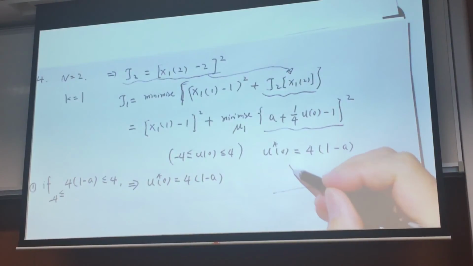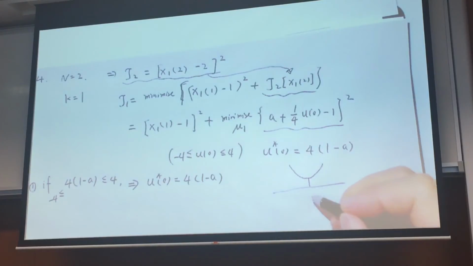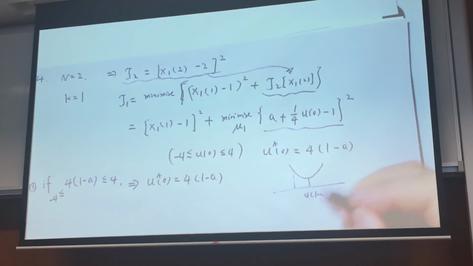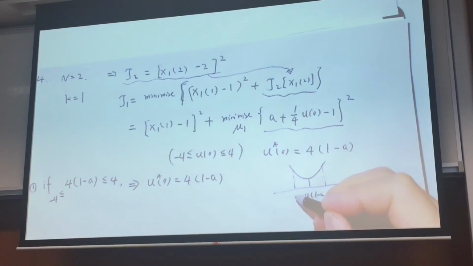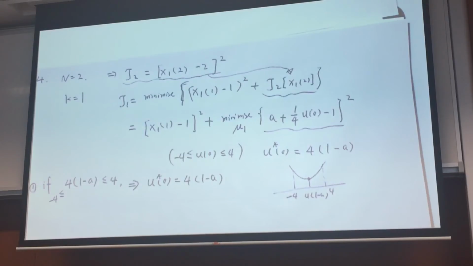The situation is like this. Here we have a quadratic function, and here is 4(1 minus A). Now this one is between minus 4 and 4, so you can take this point.